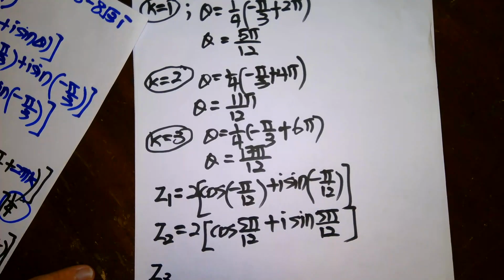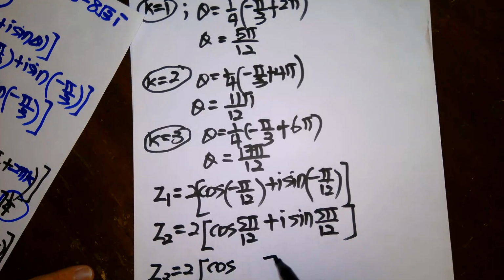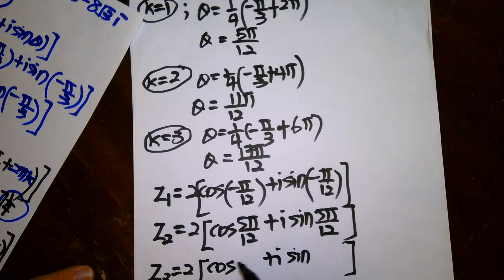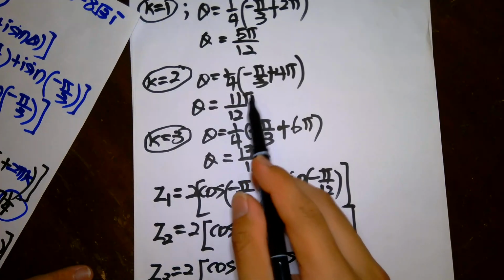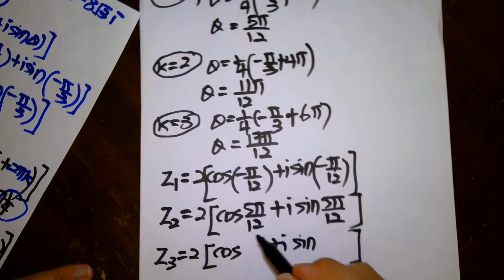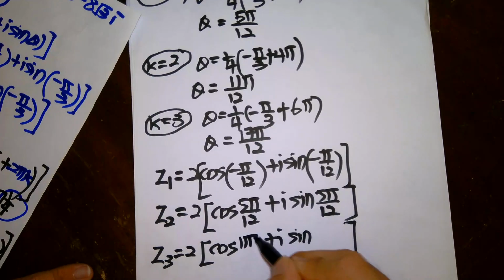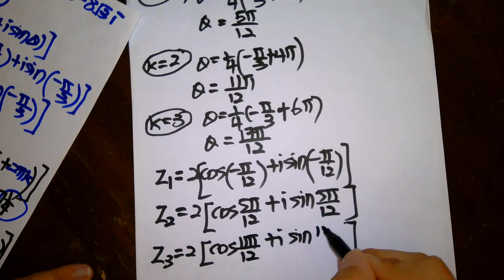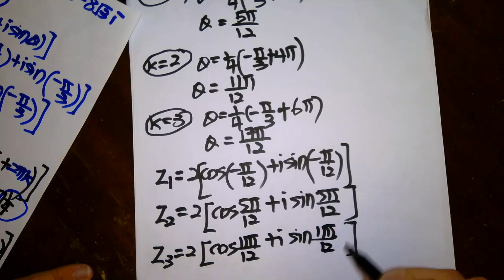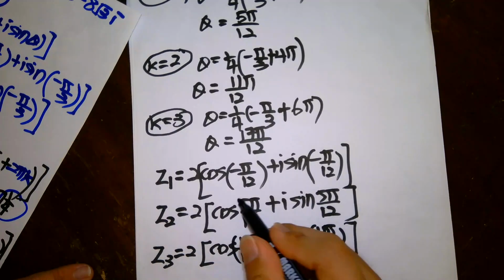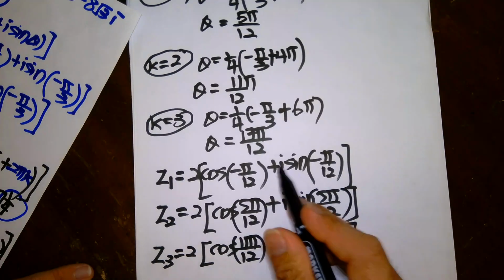The third solution will be 2 cos plus I sine, and here will be 11 pi over 12. So now you have 3 roots.